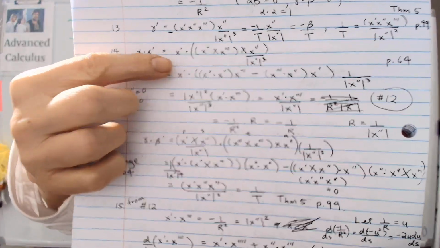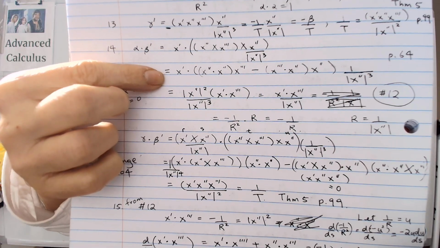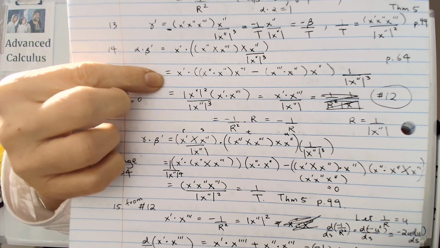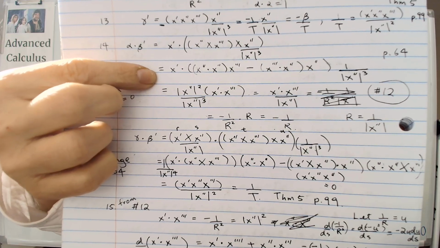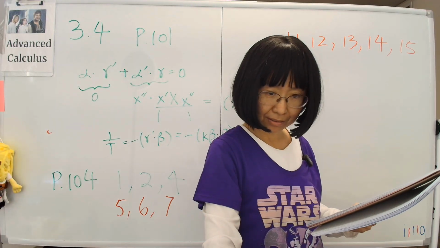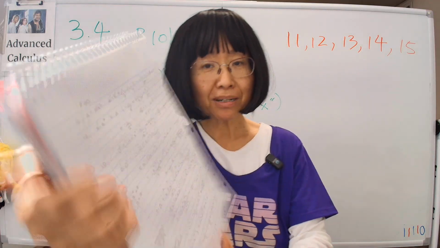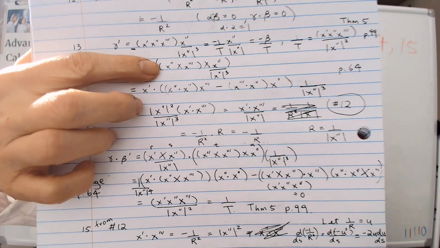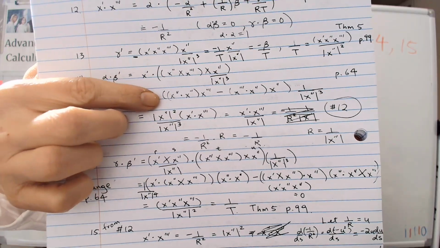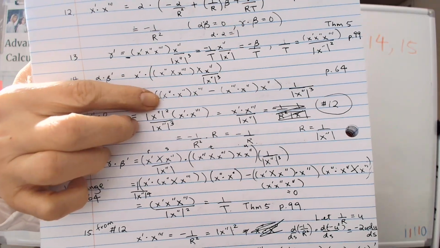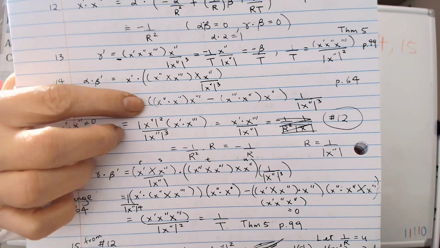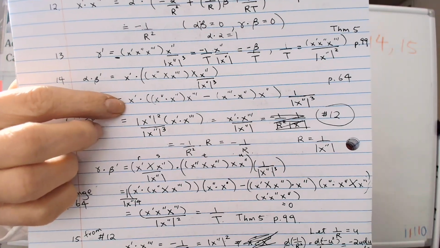So I wrote it in there, and let's see, I can't remember where I got this. Let me think. Right, the triple cross product. I did the triple cross product right here, on page 64, which turns the cross product into some kind of dot product, making it much easier, whereas my x prime is still outside.